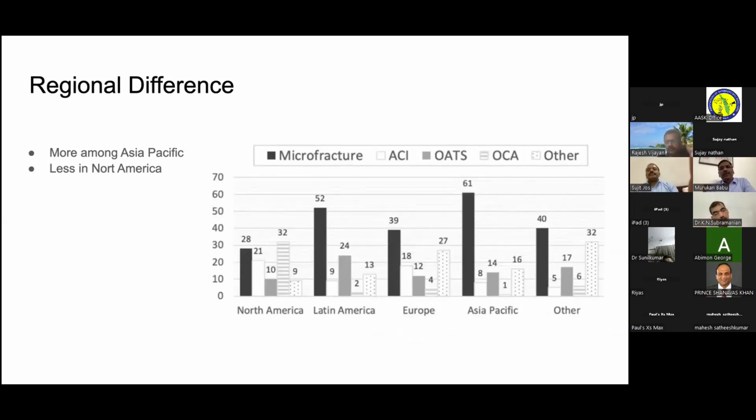It is obvious that this is due to the economic, financial aspect. OATS requires more, it's an expensive treatment. The North America side is the other side of the coin: microfracturing is used less, and they do more cases of ACI and OATS.